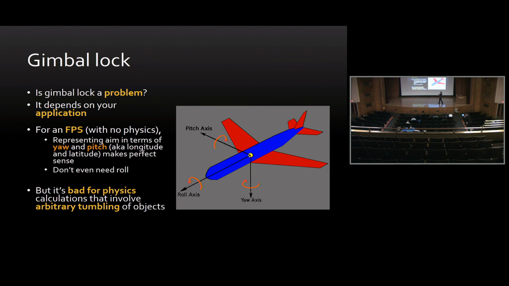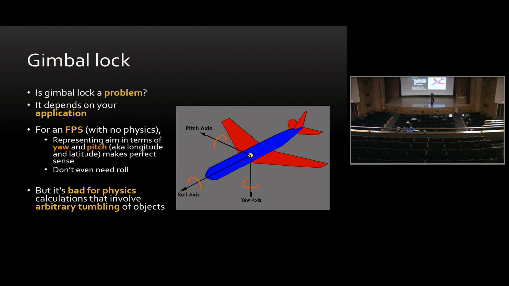And so yaw, pitch, roll is fine. And you can represent their viewpoint in terms of position, yaw, and pitch, and just leave roll set to 0 and it's all good. But if you're trying to do something like a space sim, where the ships can go into really arbitrary rotations, and you need to have a physics system computing arbitrary tumbling of objects around arbitrary axes, then it breaks down. You just can't use that representation.